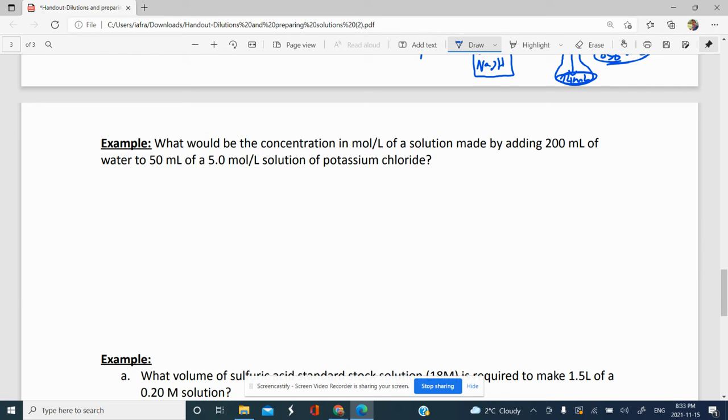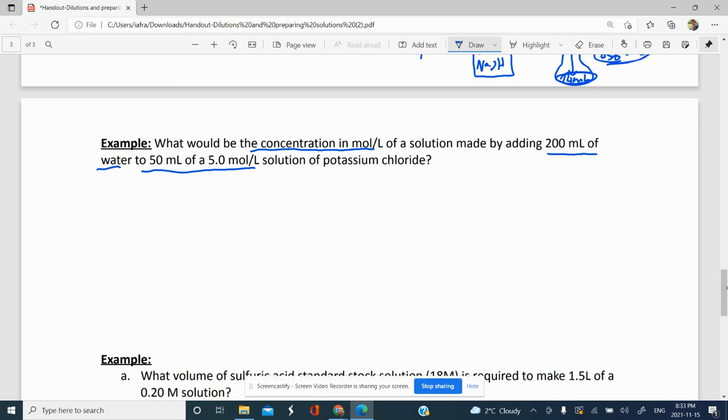We want to find the concentration in moles per liter of a solution made by adding 200 mils of water to 50 mils of 5.0 mole per liter solution. So let's start with what we know for sure.